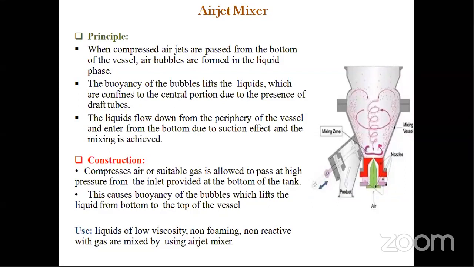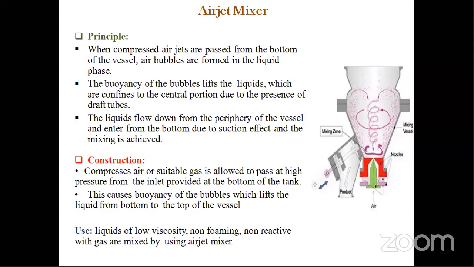The name of the equipment is air jet. You can already assume that air jet means we create a high amount or high force of air in this mixing process. First, let us know the principle of the process. In this device, there is one portion which consists of compressed air jets, meaning compressed air.